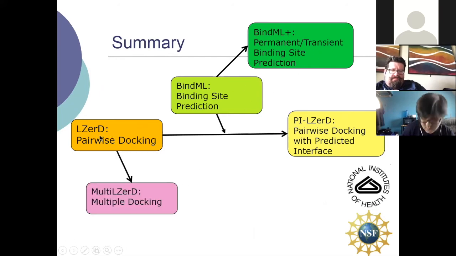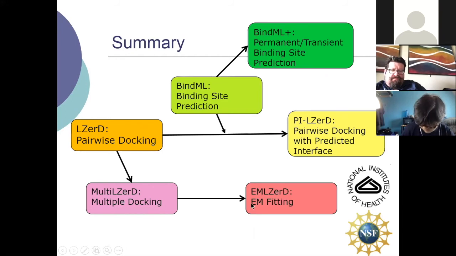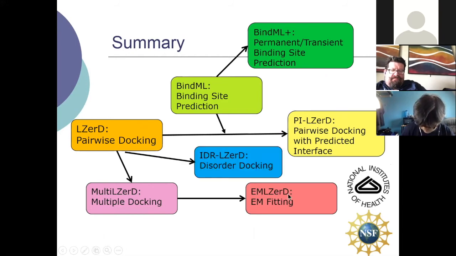Then we extended pairwise docking to multiple docking, EM fitting, and also disordered protein docking. Depending on what kind of protein and information you have, we have several sets of tools, hopefully helping or at least providing a hypothesis of protein-protein interactions.